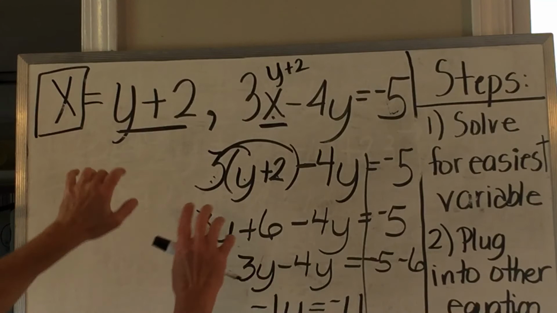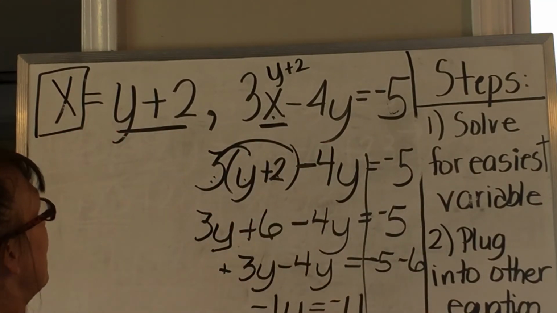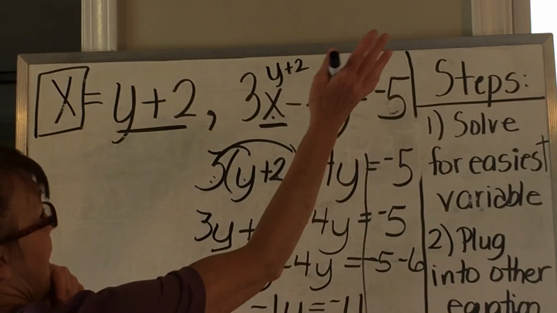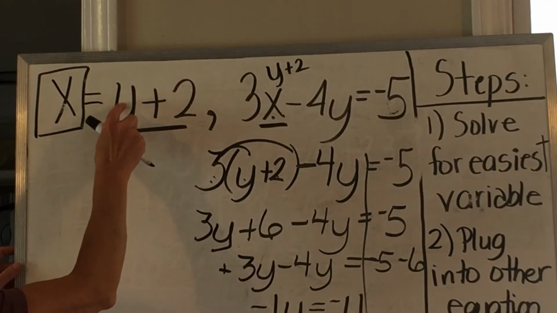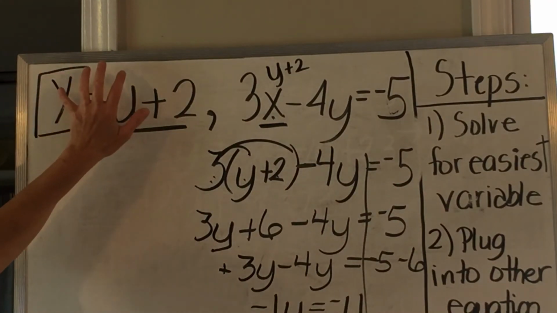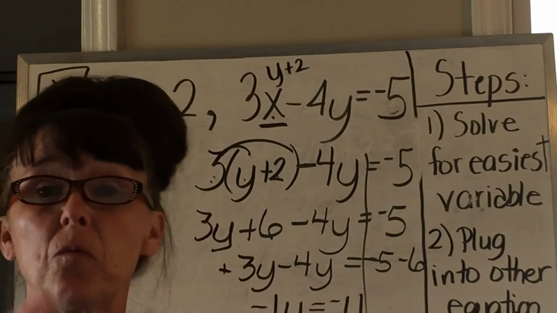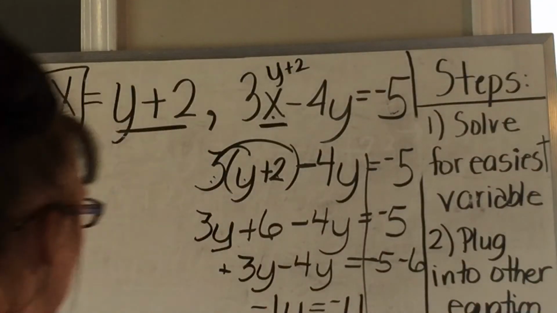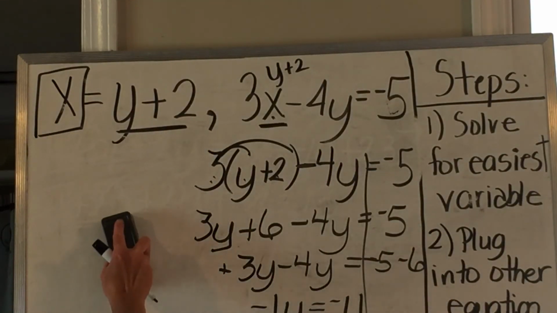I'm not, right now, because I can plug that 11 in right there and solve to get x, or I can plug in y right here. And wherever you start is where you want to plug it back into. Why? Because it's just easier. It's faster.